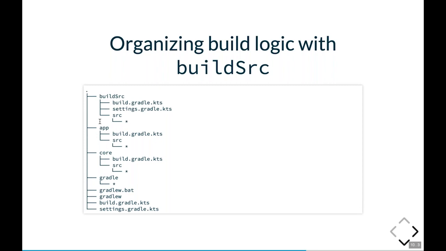And it's a build, so it has a build script and sources. That means it could also have a rich project structure of its own. It's a build, and it builds things in src/main, Java, Kotlin, Groovy, anything.